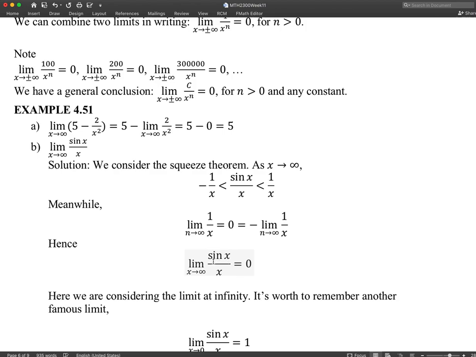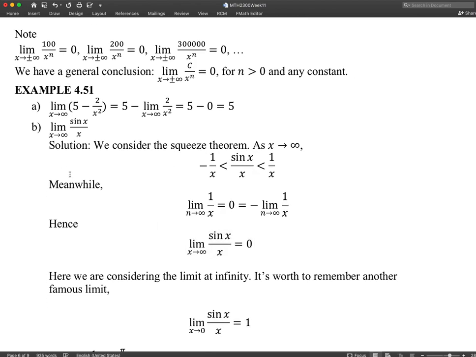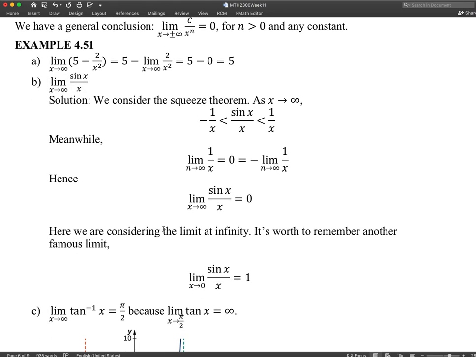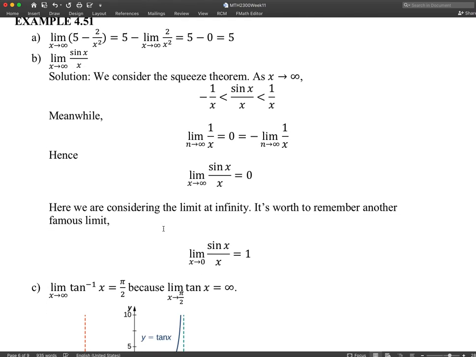And if you are fine with this limit, as I said earlier, it looks very familiar to me because in the very beginning of the semester, we did talk about a limit like this. But anyway, it's not the limit at infinity. It is the limit of sine x over x as x approaches 0. And I hope you remember this limit is 1.